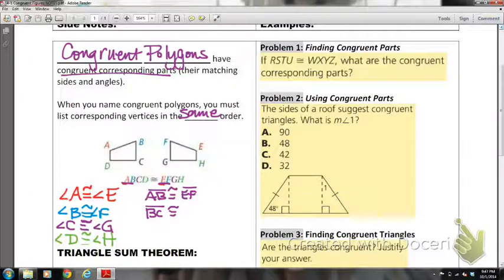BC is congruent to FG. And then CD, side CD is congruent to GH. And then the last one we have is side AD is congruent to side EH.